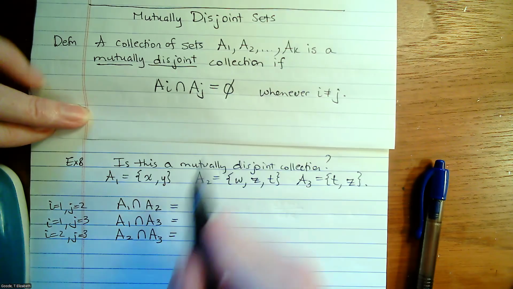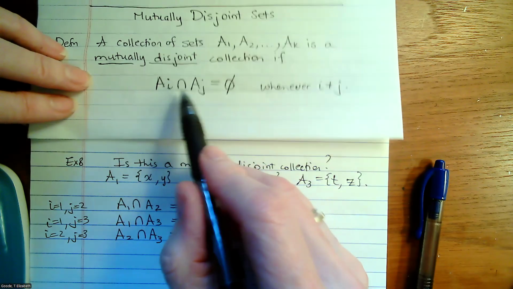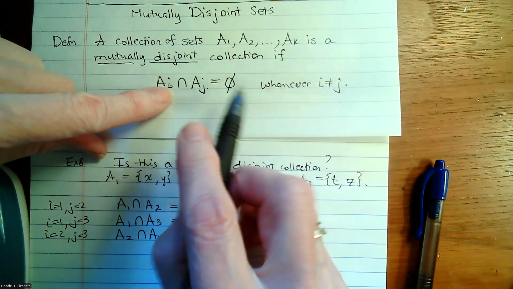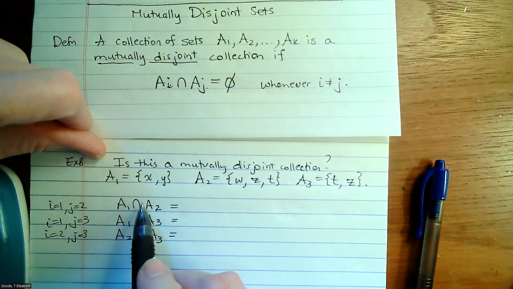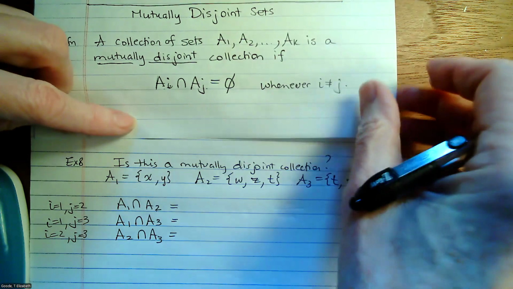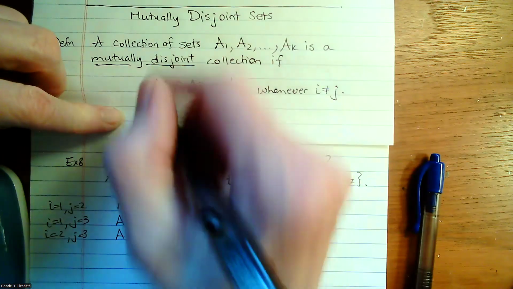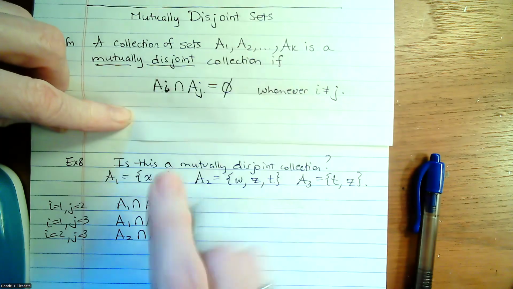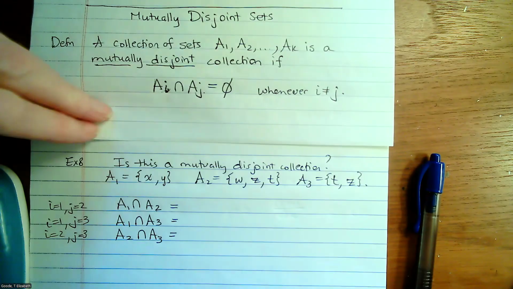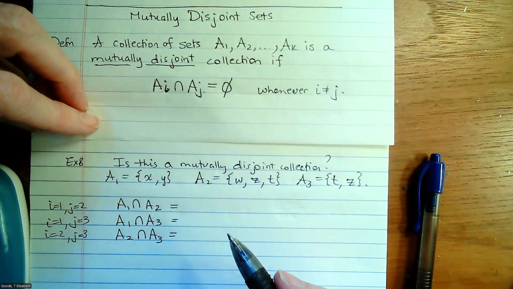We don't require the intersection to be empty if the two indexing numbers are the same. We don't expect A1 intersect A1 to be empty. That would mean all these sets have to be empty sets, and we don't want that. It's just that if you're looking at the intersection of any two of these, you want that intersection to be empty.